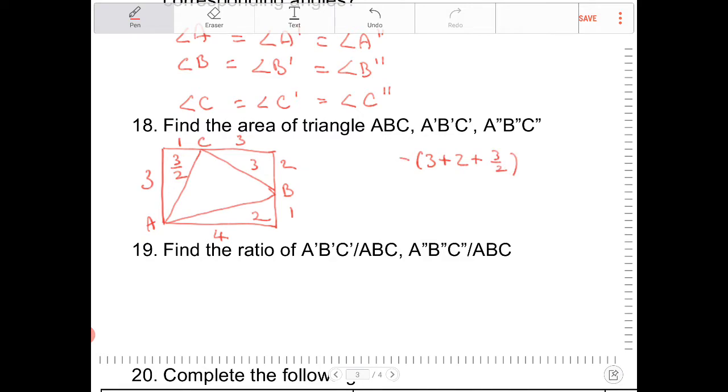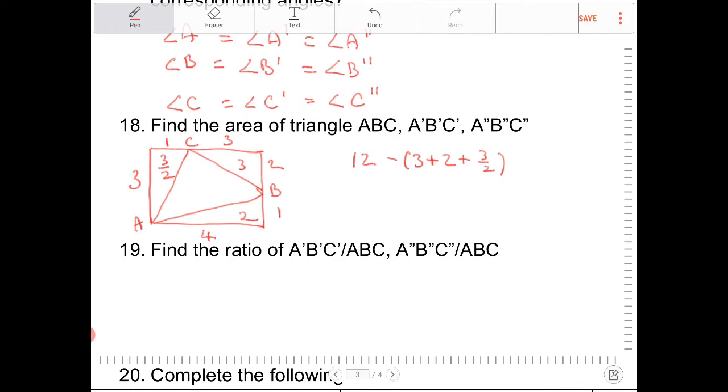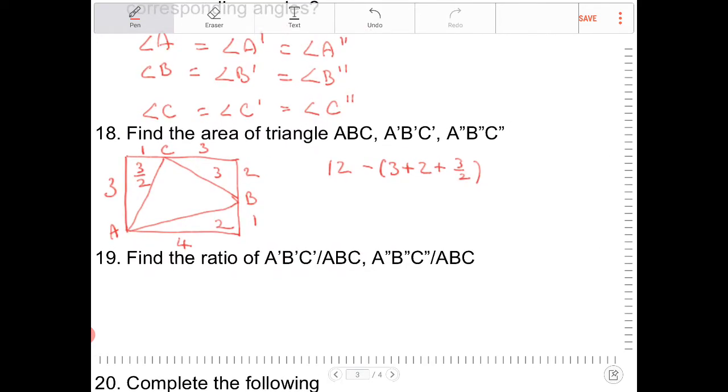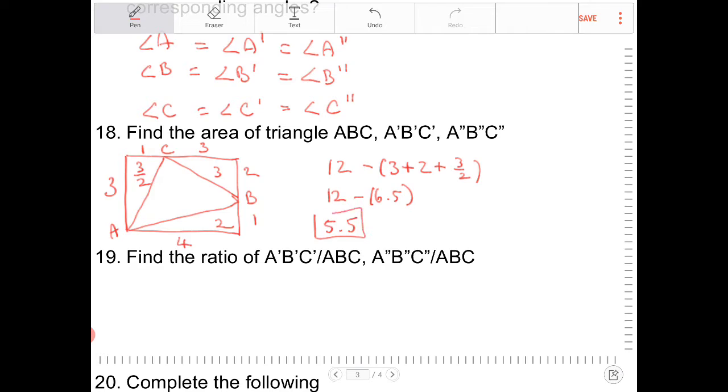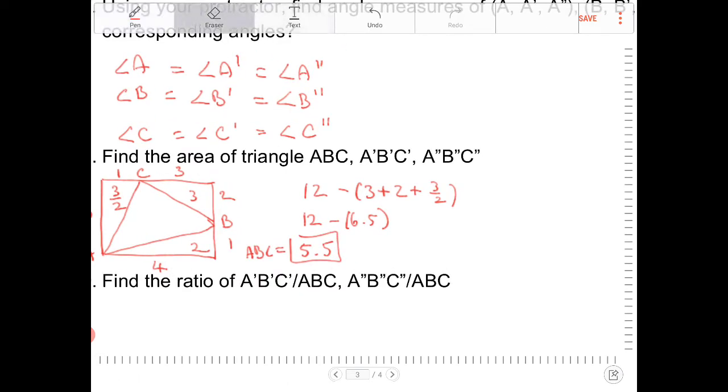And I need to subtract this from the overall rectangle here, which is a 3x4 rectangle, so it's 12. So the area of triangle ABC, what will that be? That will be 12 minus 6.5, which is going to be 5.5. This is ABC. We'll have an area of 5.5.